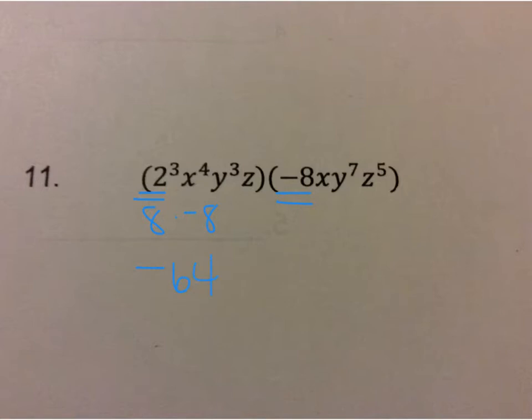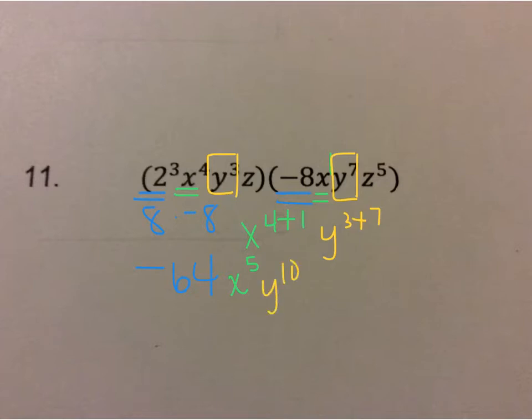Okay, now I'm ready to use my variables. So if I look at my x to the 4th and x to the imaginary 1, that's x to the 4 plus 1, because we add the exponent, so that's x to the 5th. Now we're going to look at our y's. So here's y to the 3rd, y to the 7th, so y to the 3 plus 7 is y to the 10th.